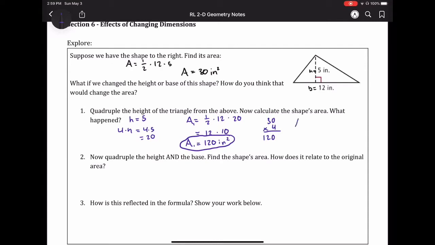The area quadrupled. And that's important. We want to remember that. So we changed one side. We changed just the height. And the change that we made to the height is the same change that we made to the area.